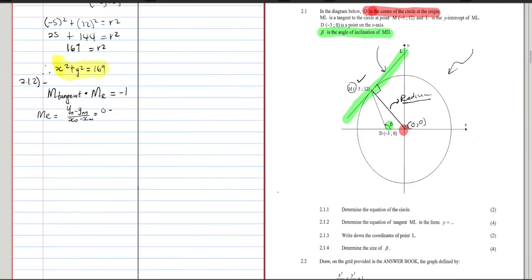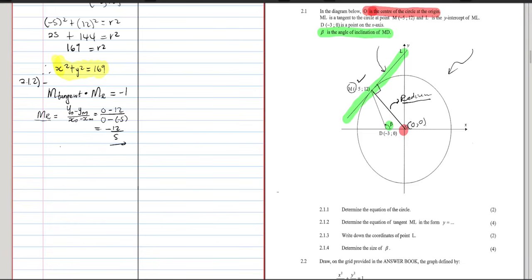That's 0 minus ym, that's 12, divided by xo, that's 0 minus -5, equals to, I'm getting a -12 over 5. That is the gradient for the radius.